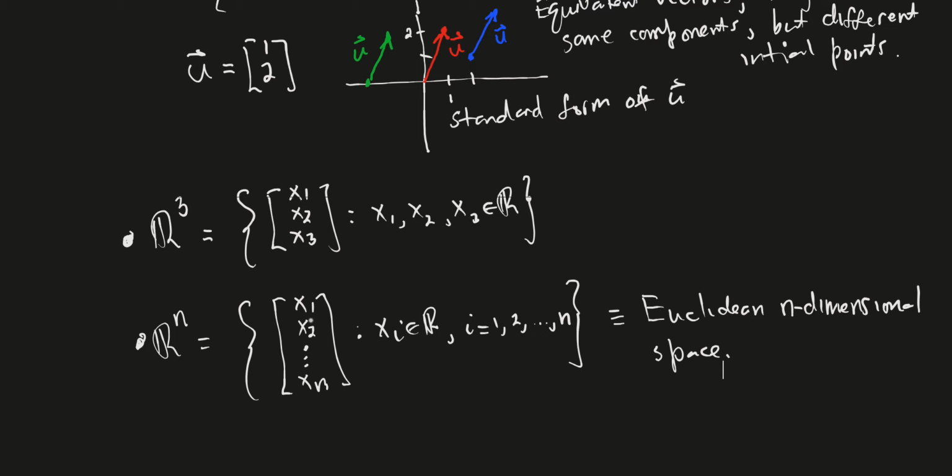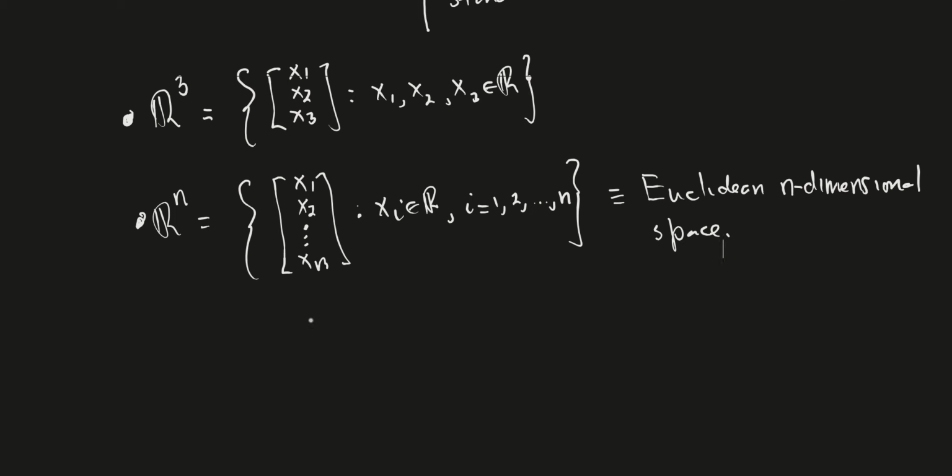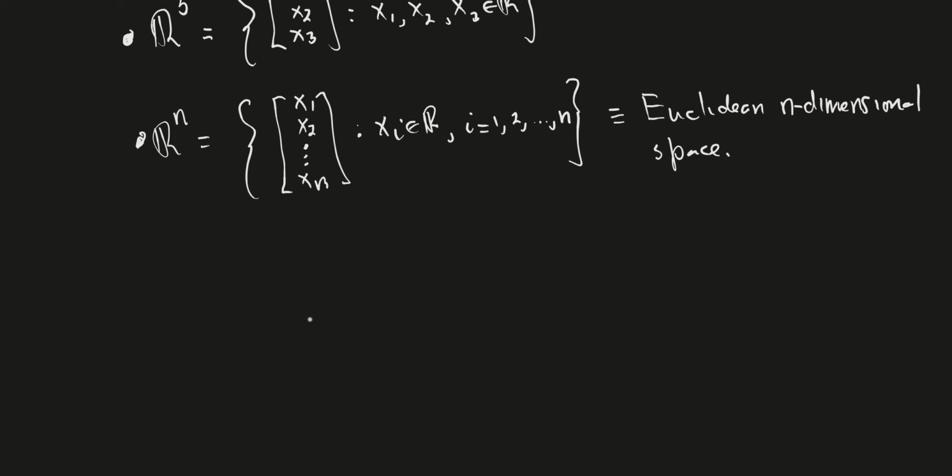Right? Now, the nice thing about these vectors, and our goal initially, is how do we do algebra with these vectors, right? Well, it turns out that these are simply matrices that have 1 column and n rows, right? So all those operations that we can do with matrices, we can do with these special vectors, right?